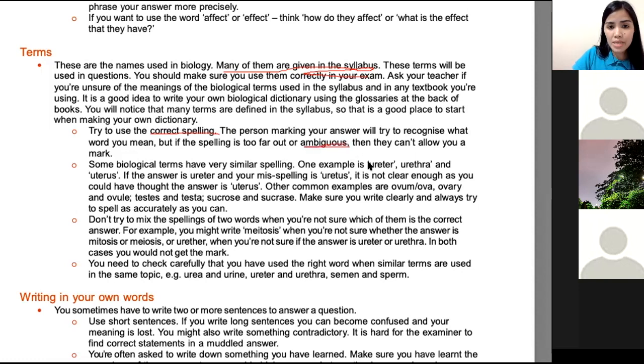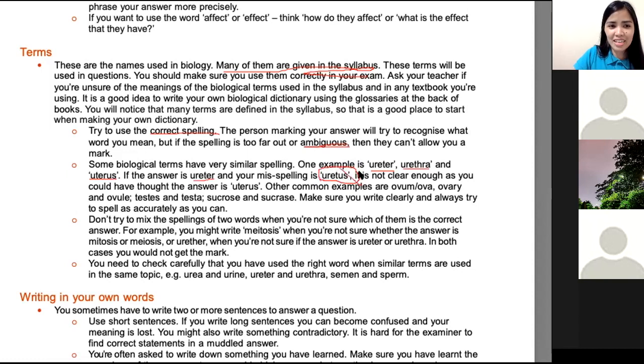For example, ureter, urethra, uterus, these terms have similar spelling, although they mean different parts, different organs. So make sure that you write the correct spelling. For example, instead of ureter, you write uritus.